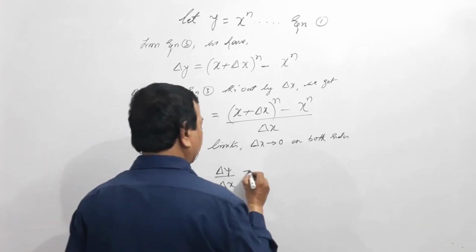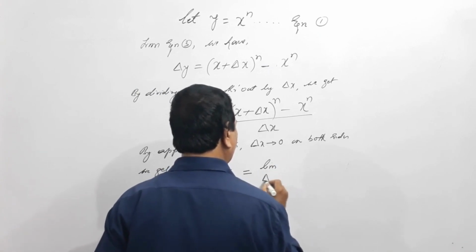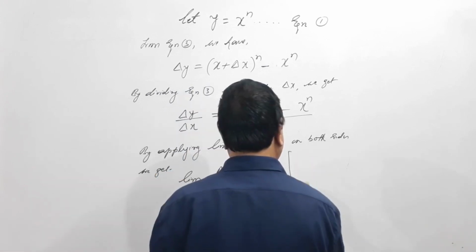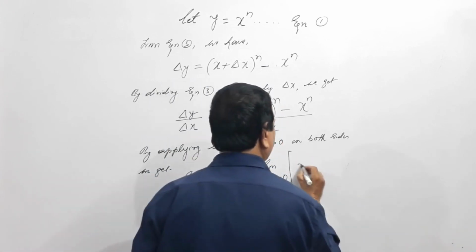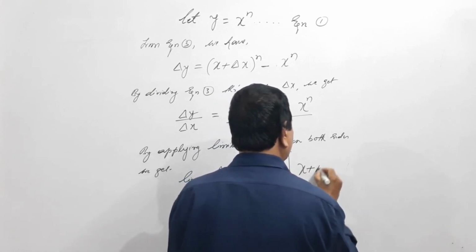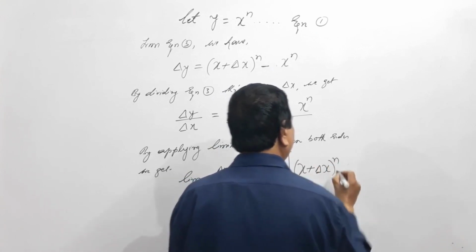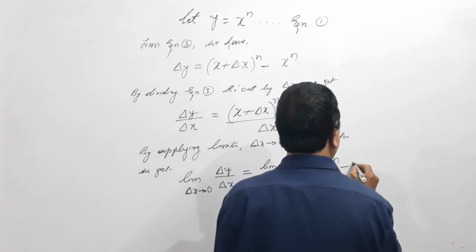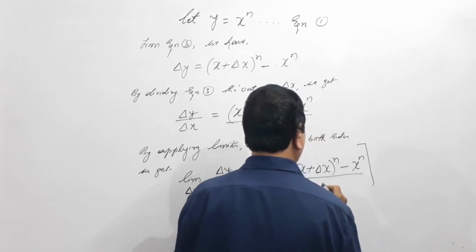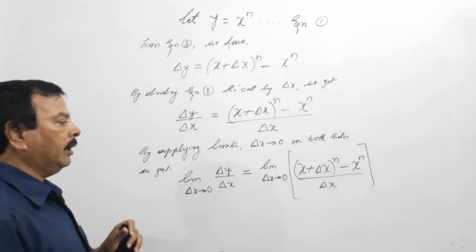So we will see on the right hand side. So limit delta x tending to 0, this is x plus delta x to the power of n minus x to the power of n by delta x. Done. Please copy this.